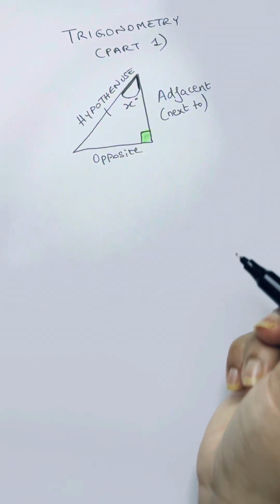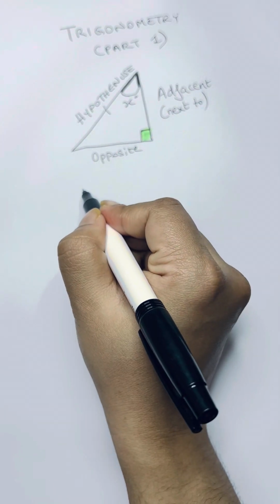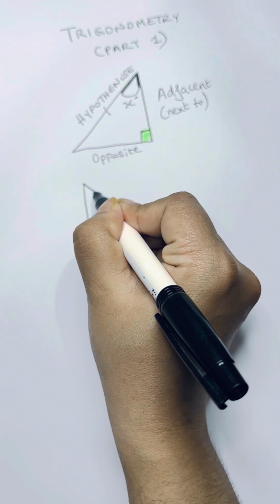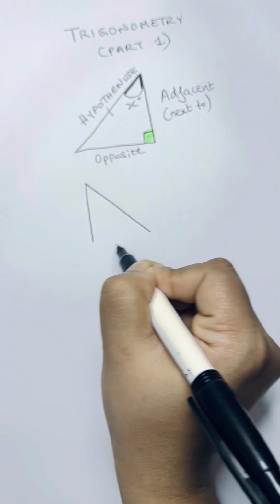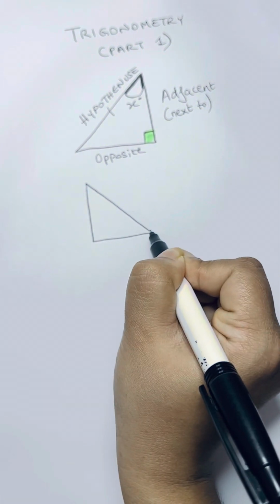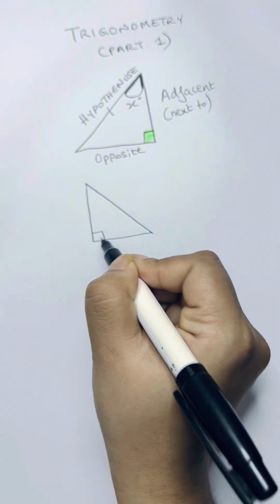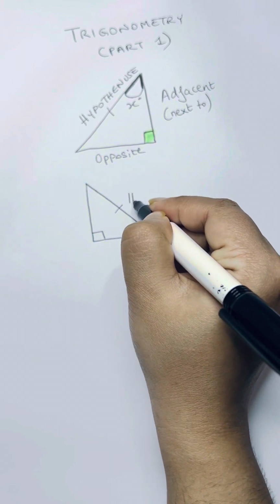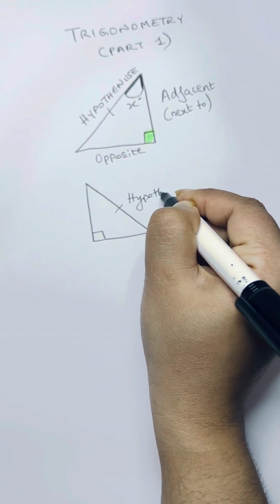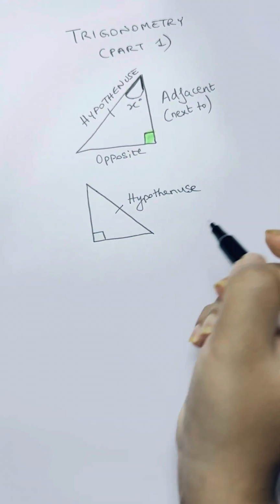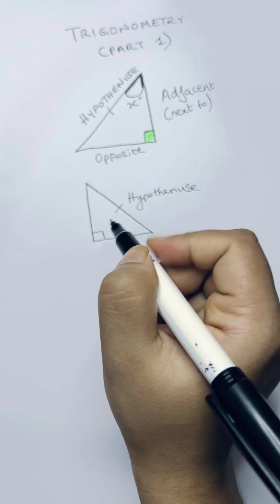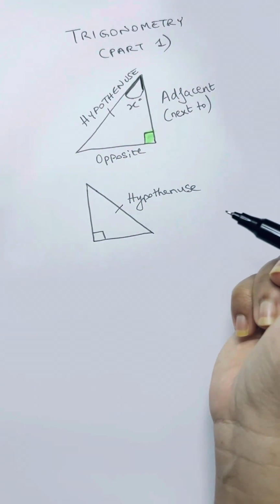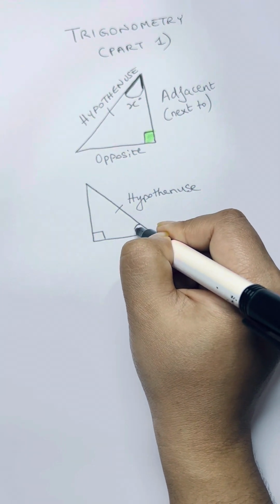Just to make sure that everybody has understood, I'm just going to draw another right angle triangle on this side. This is my 90-degree angle, and the opposite side will be my hypotenuse. Depending on where I place the angle that I need to find, I'll place it here.